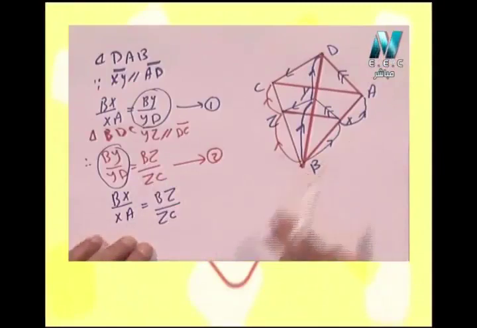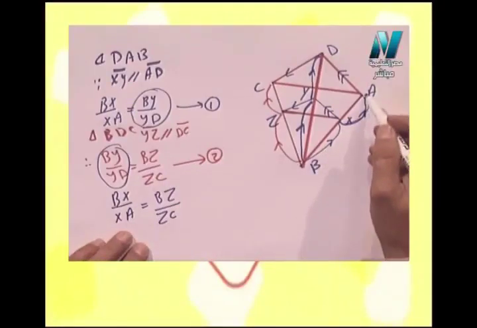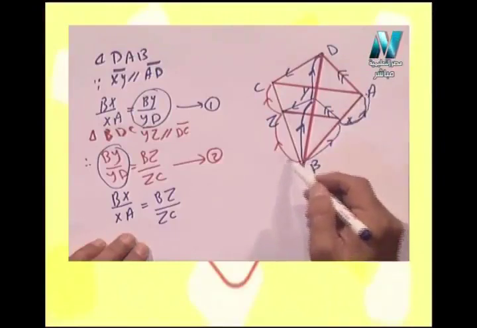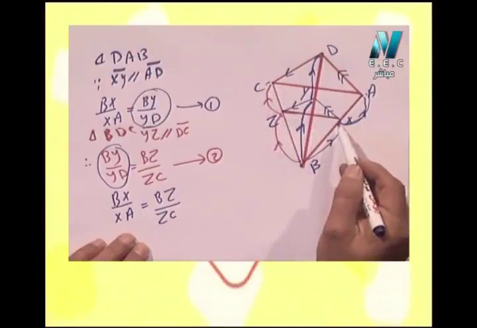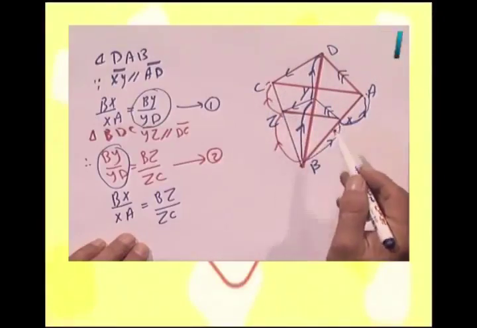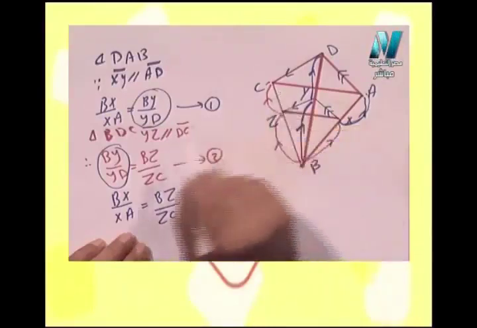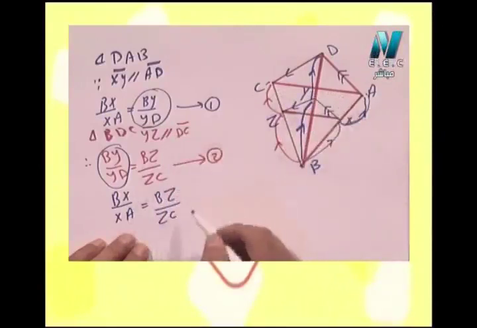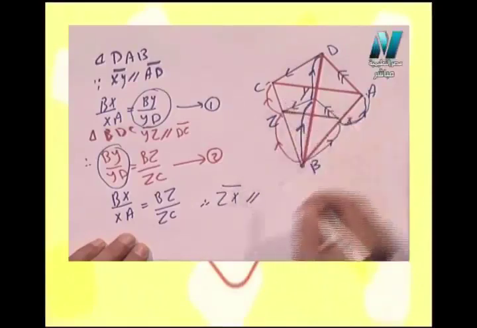Look at the figure here. BX over XA equals BZ over ZC. Yes, we have here ZX and CA. Therefore, ZX is parallel to CA.